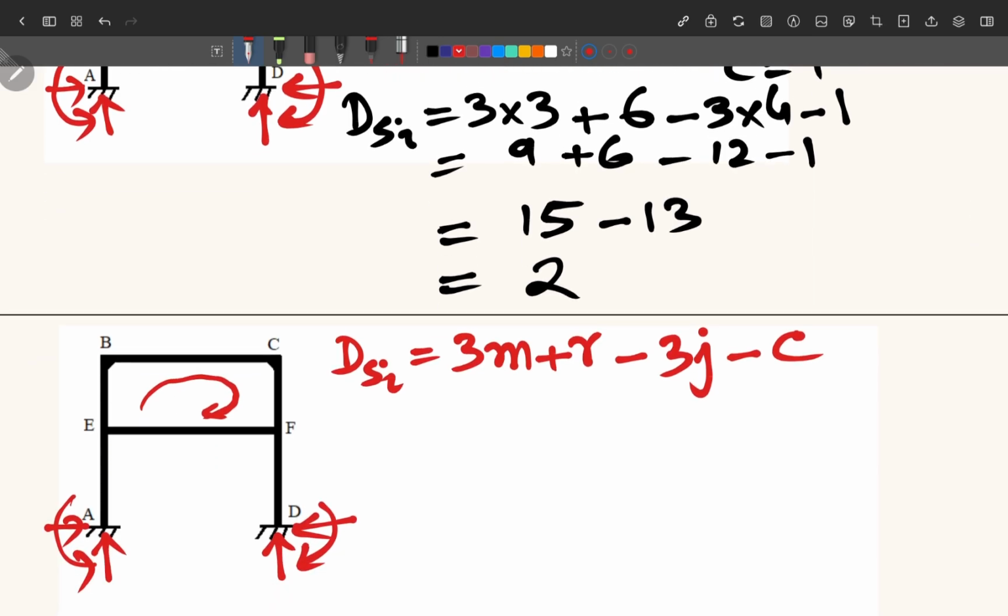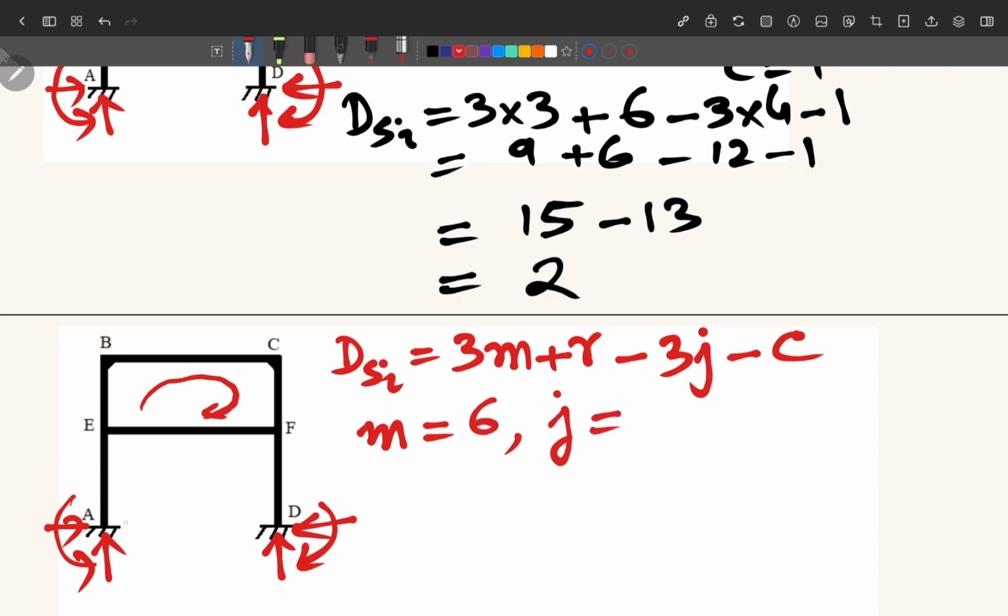So we can see here that m equal to how many of these members are available here. In this question we have m equal to 1, 2, 3, 4, 5, 6. M is equal to 6.